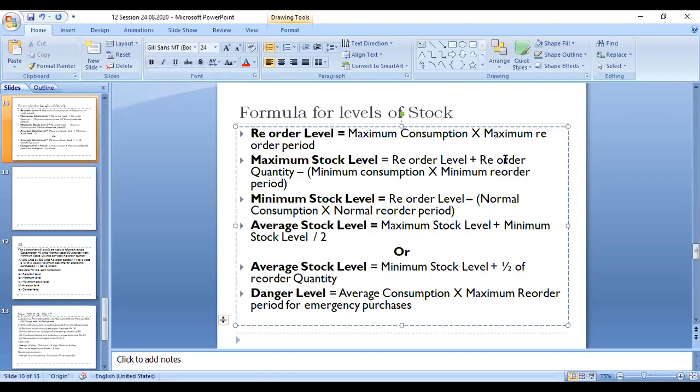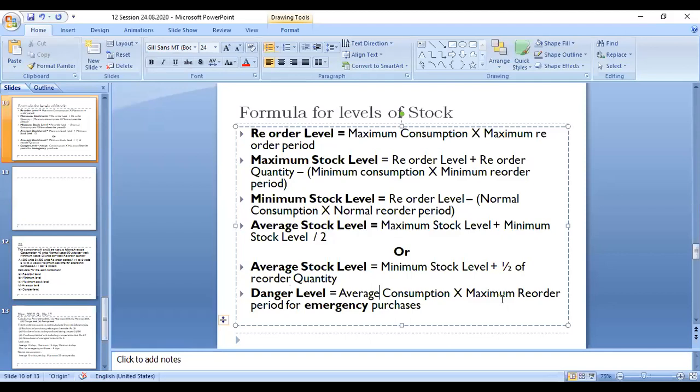Everything will be given in the question itself. The danger level is for an emergency: average consumption into maximum reorder period for emergency purchase. If you remember these formulas, only then can you work out the answer for the calculation of the levels of stock.